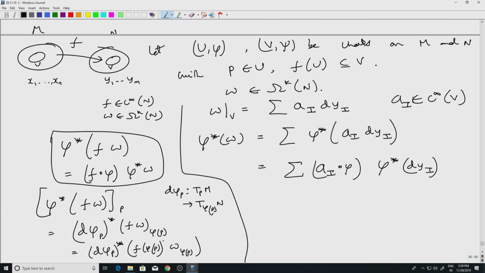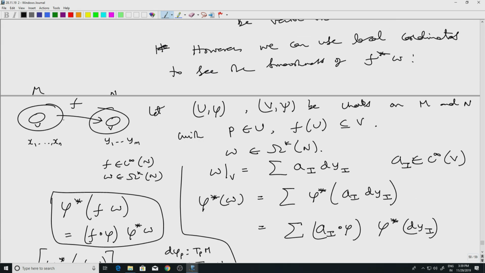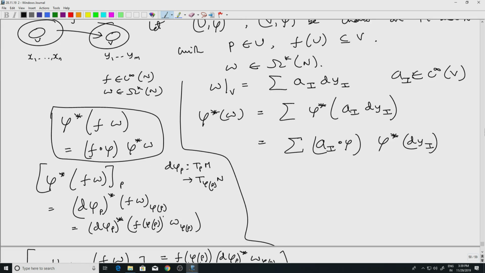Remember that we were trying to prove that phi star omega is a smooth form on M. This doesn't quite show it yet, but we are almost there, because to say that phi star omega is a smooth form, all I have to do is write phi star omega in terms of the standard basis for k-forms, namely dx_J.